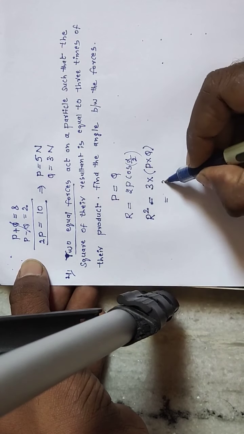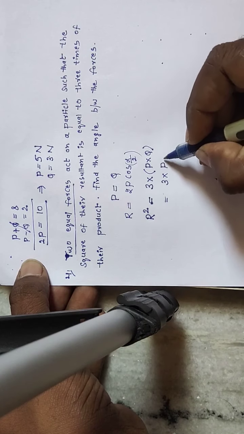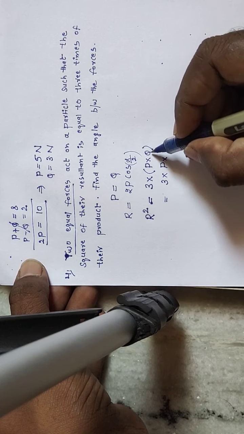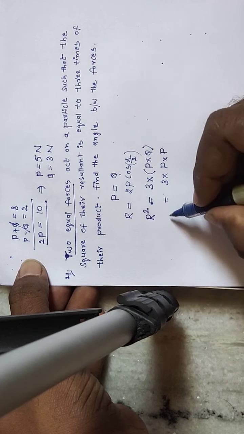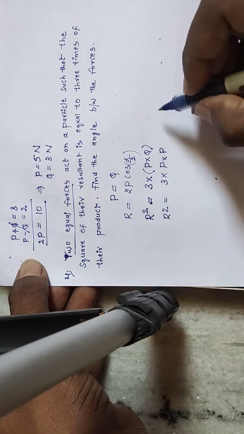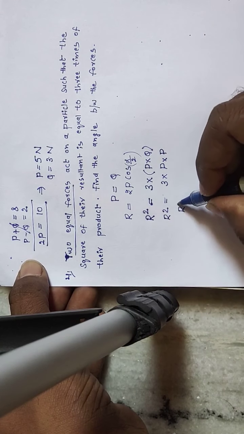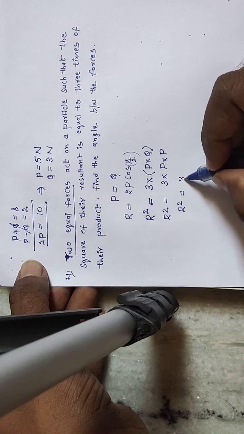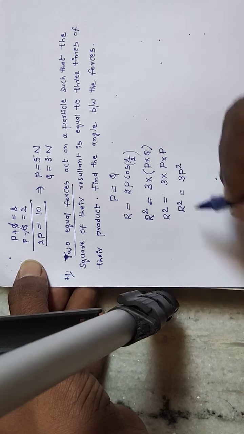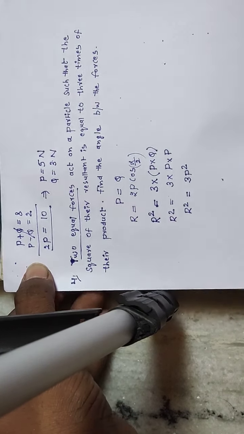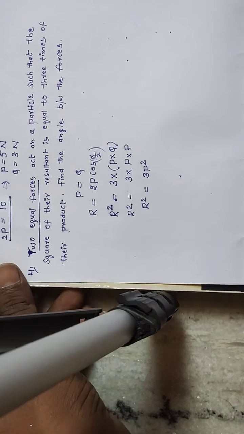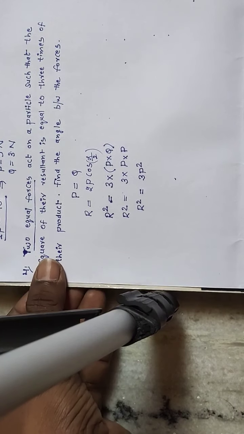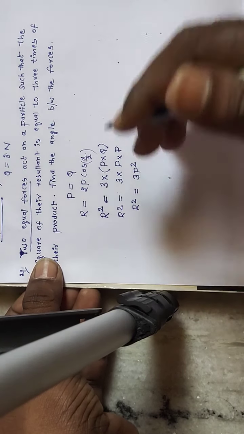So in place of Q substitute P. Finally it will become R square equal to 3P square. So we developed another condition, R square equal to 3P square.